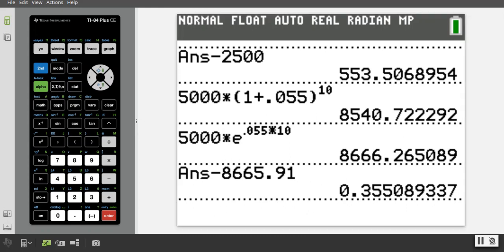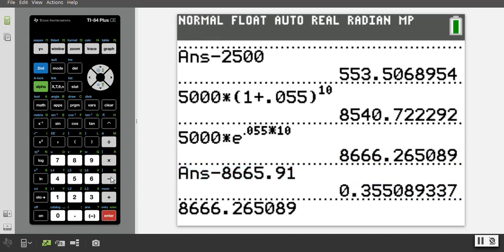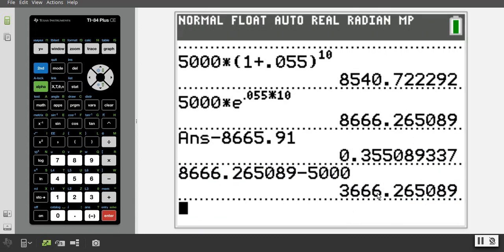Of course, if you want to find the interest, you can actually take the interest by getting the accumulated amount, subtracting the 5,000, and then there we go. So in this case, this tells us that the largest amount of interest that gets paid back is 3,666 and 27 cents.